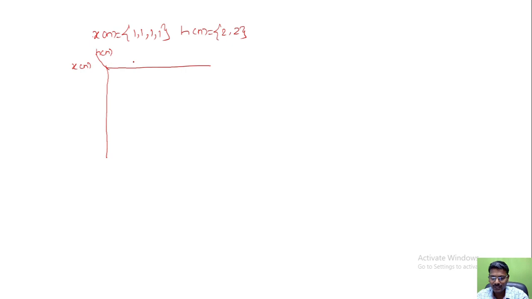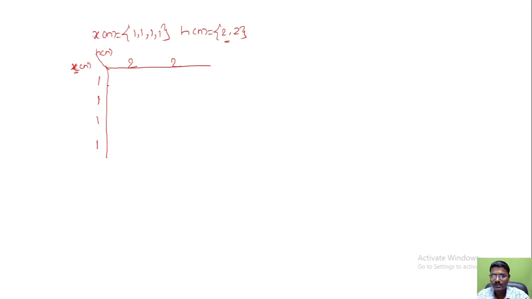So the values of h of n are 2 and 2, and the values of x of n are 1, 1, 1 and 1.